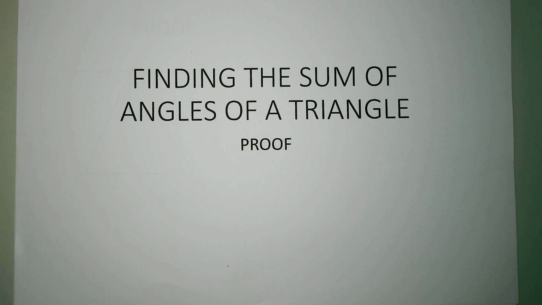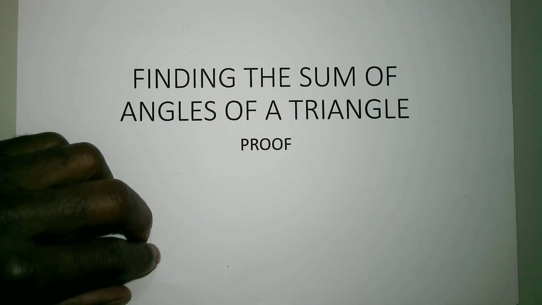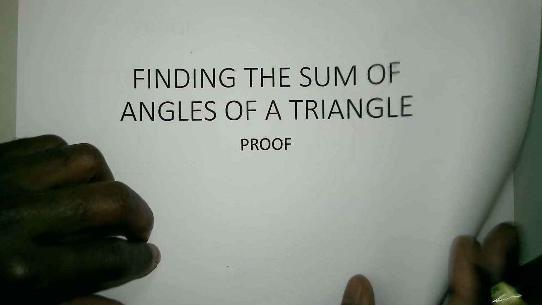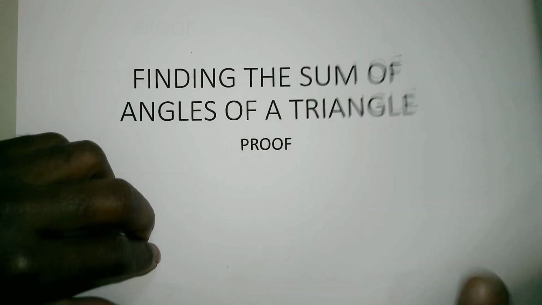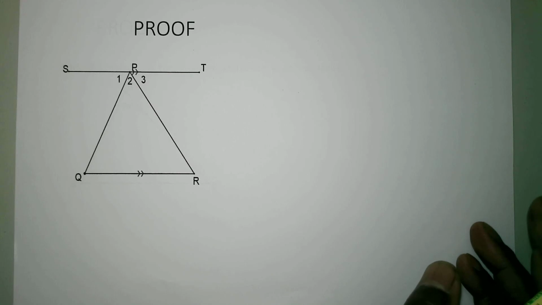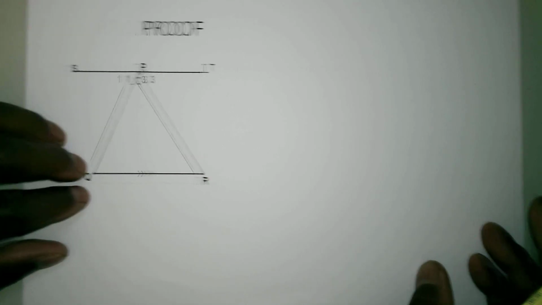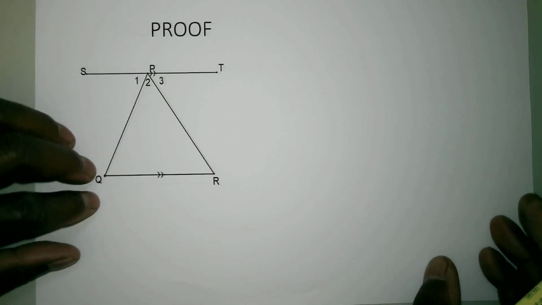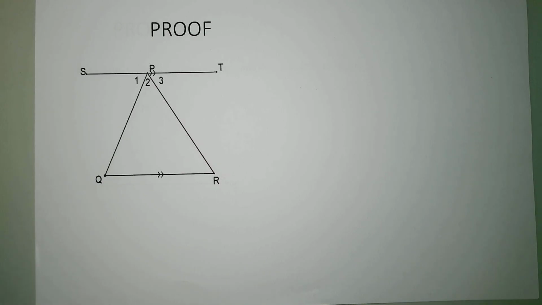So now what we are going to do is find the sum of angles of a triangle through proof, geometrically, rather than practically. The knowledge that we have acquired in our previous lessons concerning parallel lines is going to play a role in this lesson.